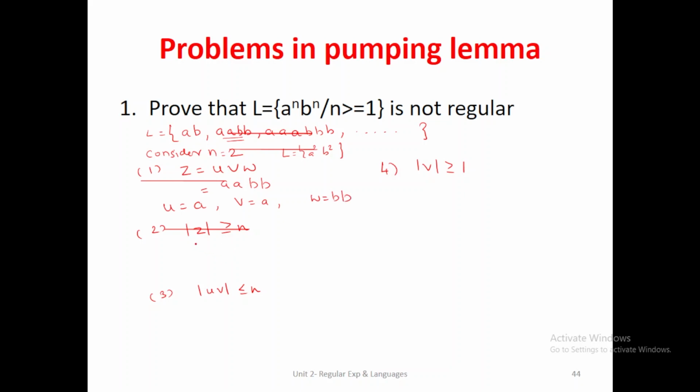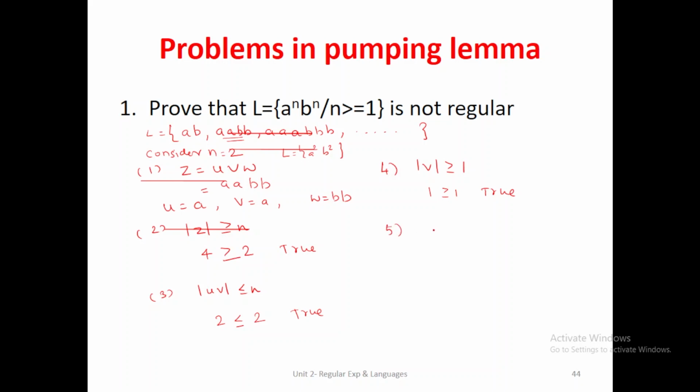The second condition is mod Z greater than or equal to n. What is the length of the string? It is 4. What is your n value? I am taking it as 2. Is 4 greater than or equal to 2? Yes, it is true. What is your mod UV value? It is 2. Less than or equal to the n value, 2. 2 less than or equal to 2, it is also true. Then the fourth condition is mod V, it is 1. 1 greater than or equal to 1, it is also true.